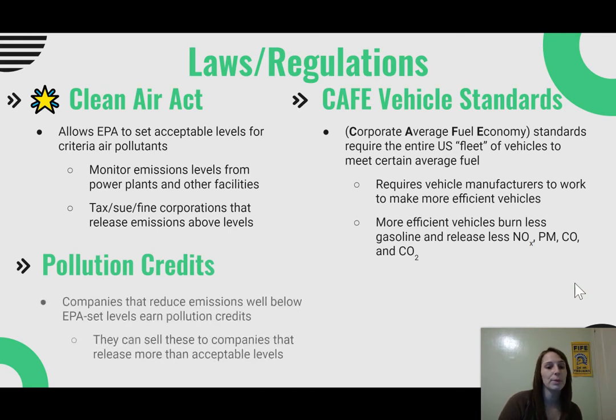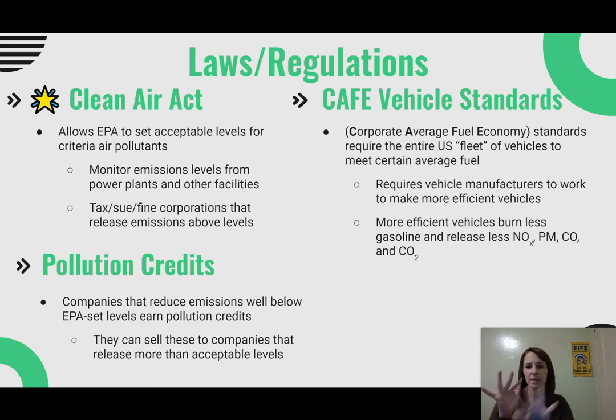So then we also have pollution credits, and pollution credits are going to make it so that companies that reduce emissions below the EPA level earn pollution credits. Now, pollution credits that these companies hold on to, these companies can sell the credits to other companies that are not below the emission levels.